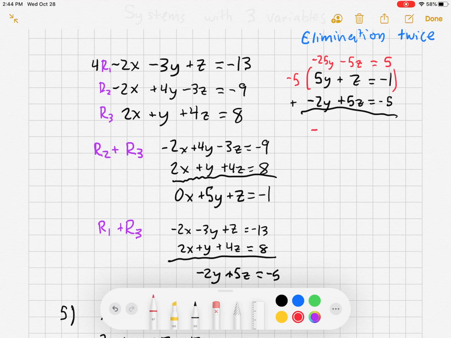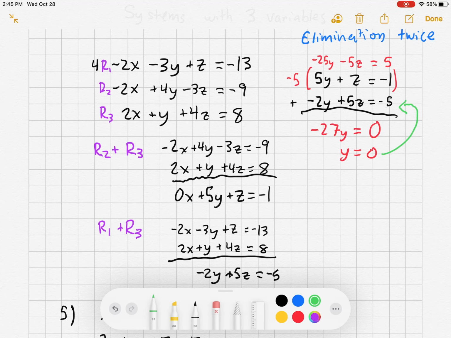So let's go ahead and add those together really quick. -25 minus 2y, that'll be -27y, which is equal to 0, or y is equal to 0, I guess you could say. Cool, so we got one answer. Now what? Well, you have to plug in our y to figure out the other variables. I'm going to go ahead and plug it in to this equation here because that one only has y and z.